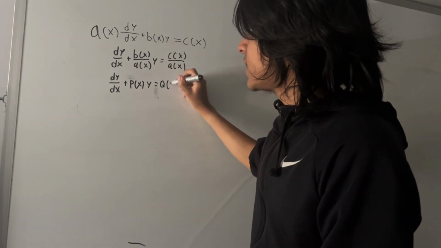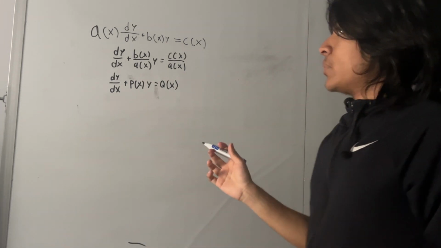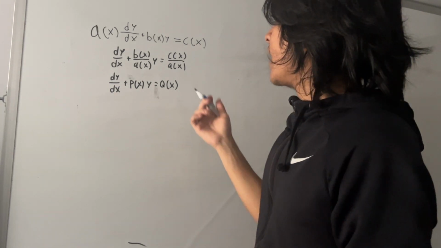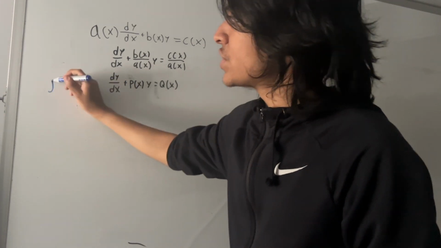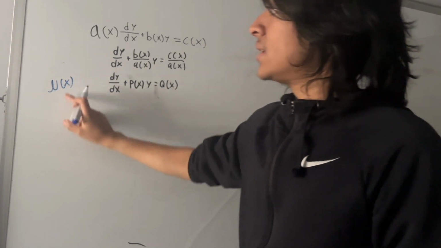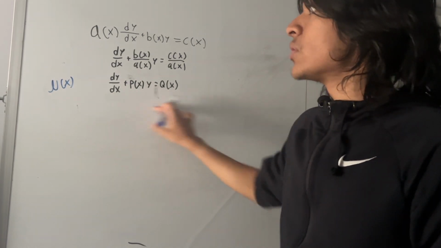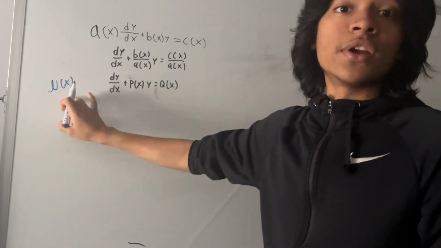q of x. Okay. So at this point, we're going to mess around with it again and multiply this by some function u of x. Now this function u of x is special. Right now we're just multiplying this whole thing by u of x, but we don't know what u of x is.